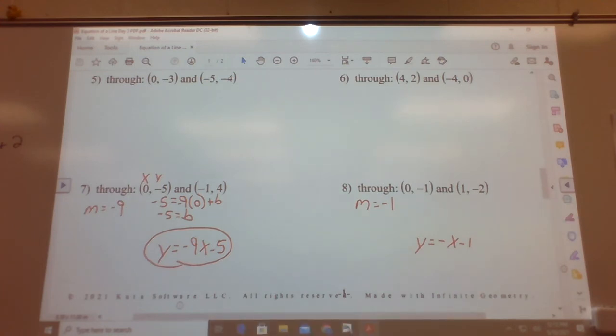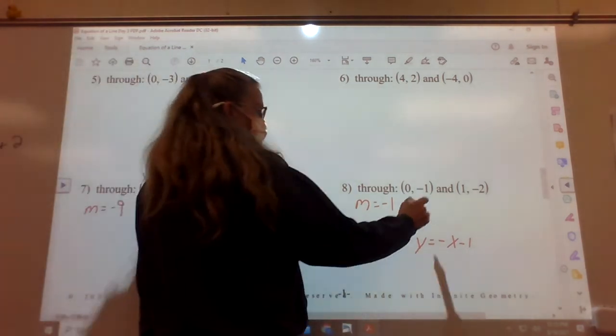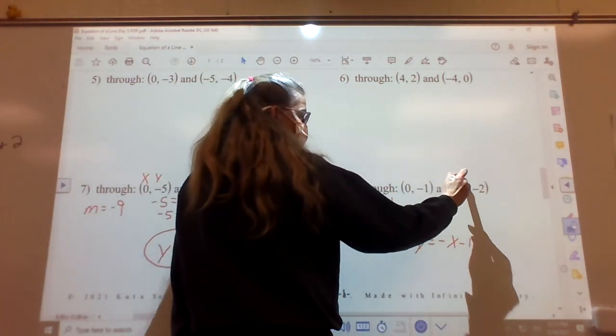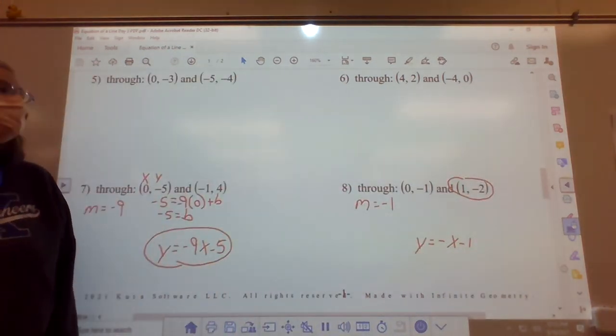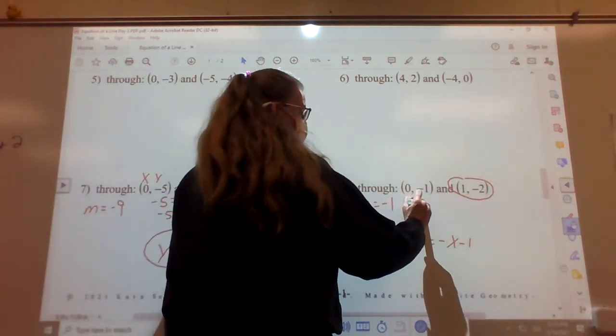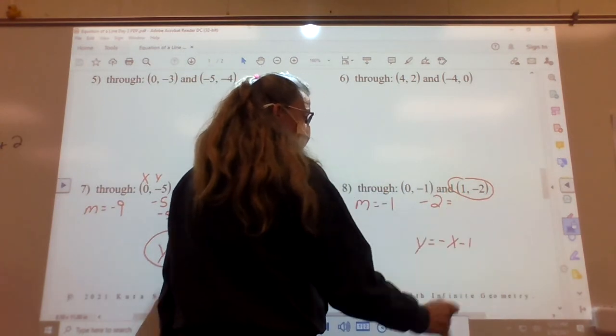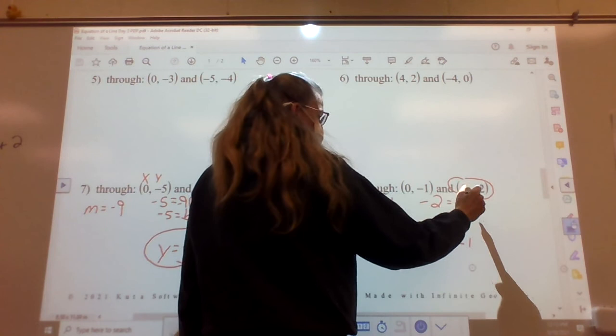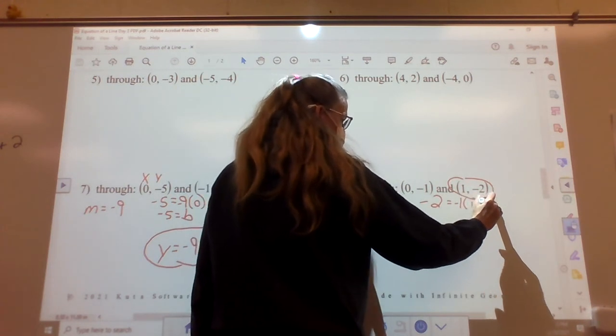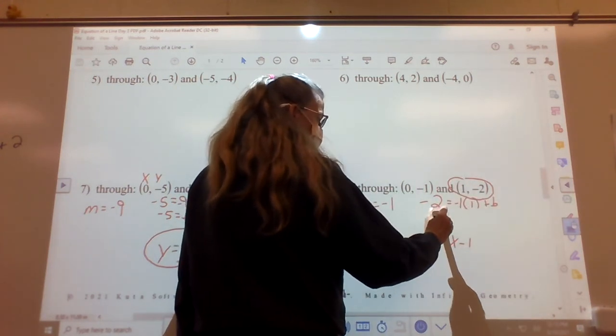Number 8, does anybody need help getting the negative 1 as the slope? Did anybody not get the slope negative 1? Pick one of these 2 points. I'm going to do this one this time. 1, negative 2. So y, that was negative 2, equals m, negative 1, times x, which is 1, plus b. This is negative 1.